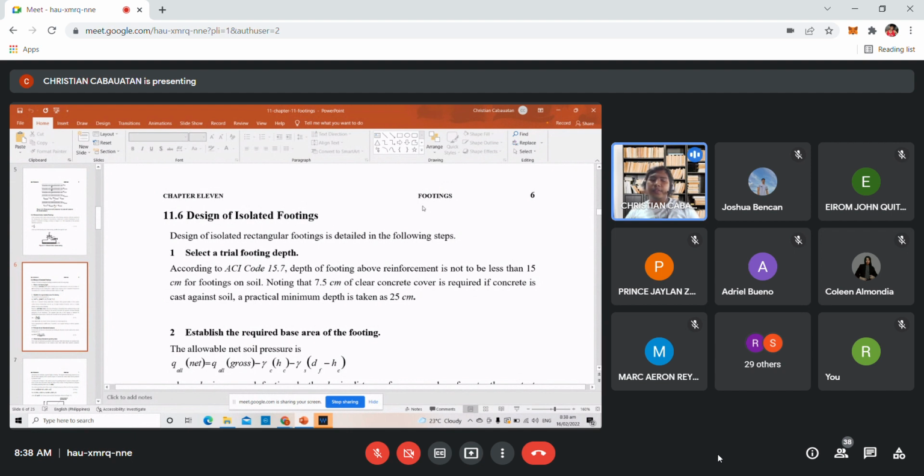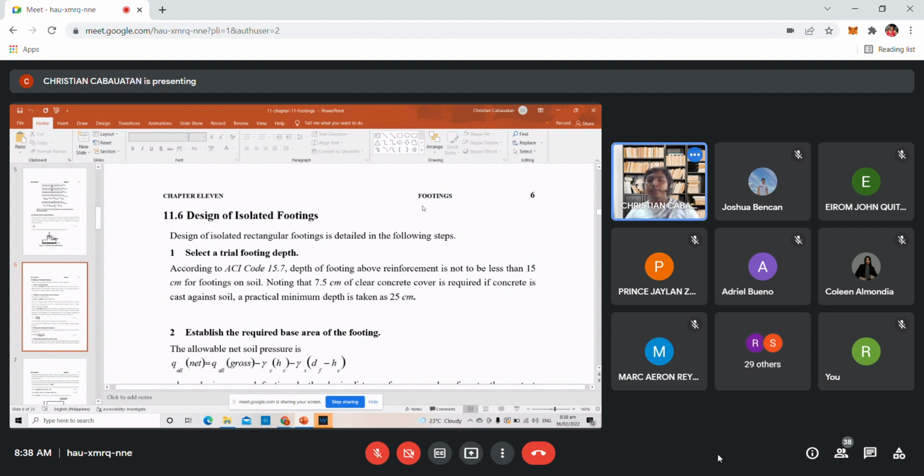Okay? The first one is to select the trial footing depth. Hanapan mo muna ng lalim, or mag-isip ka muna ng kanyang lalim, possible lalim na 0.5 below the natural ground level.